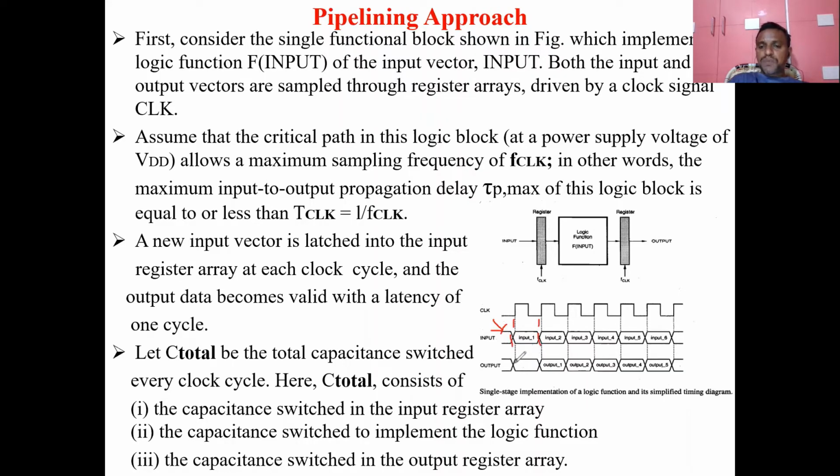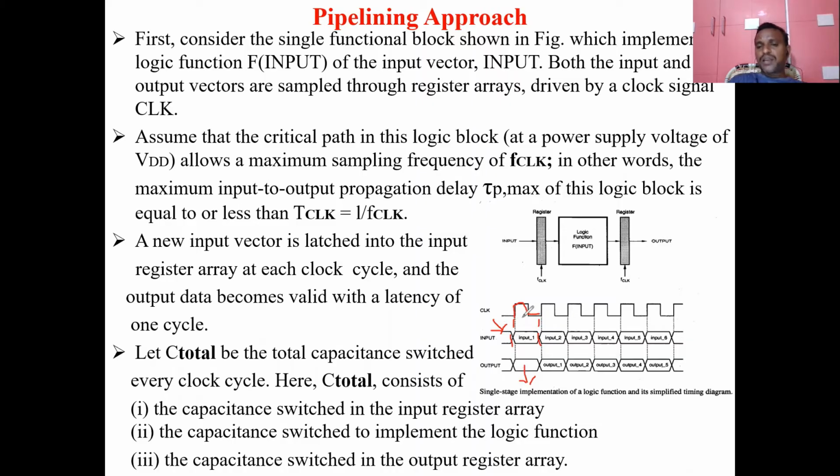We would expect the output in the same clock cycle, but here we don't have any output. Instead, the corresponding output of input 1 will be obtained after 1 clock cycle. At this clock we are applying the input, but we are getting the output after completion of the clock.